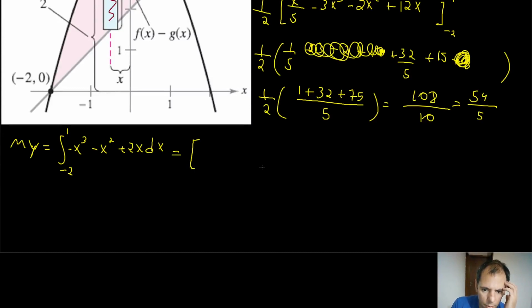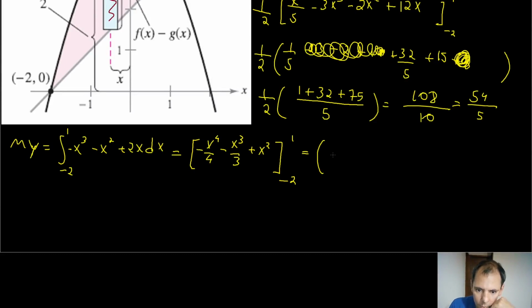It'll be integrating that from minus 2 to 1, minus x to the fourth divided by 4 minus x cubed divided by 3 plus x squared, which equals minus 1/4 minus 1/3 plus 1, right?